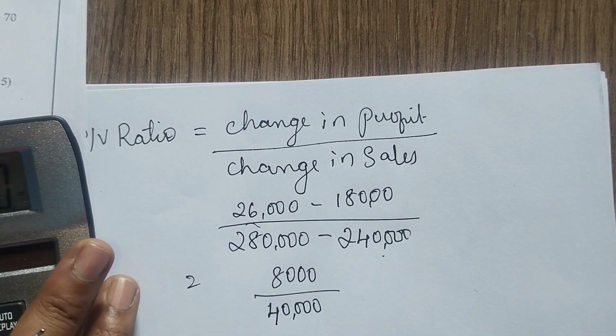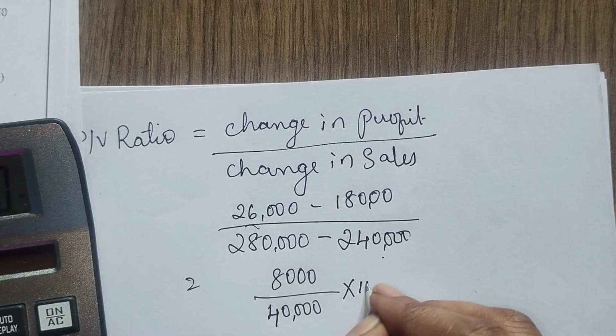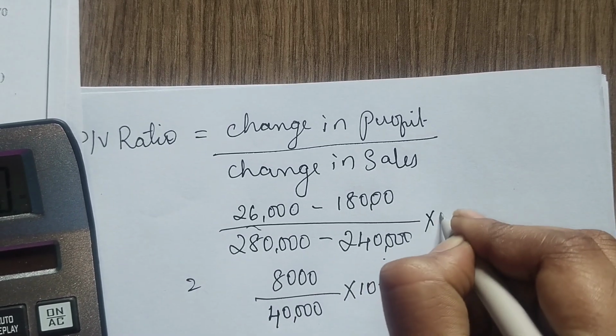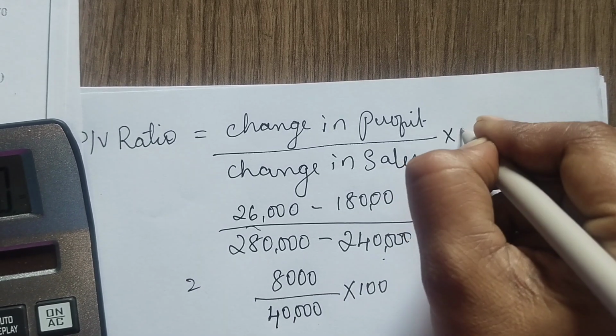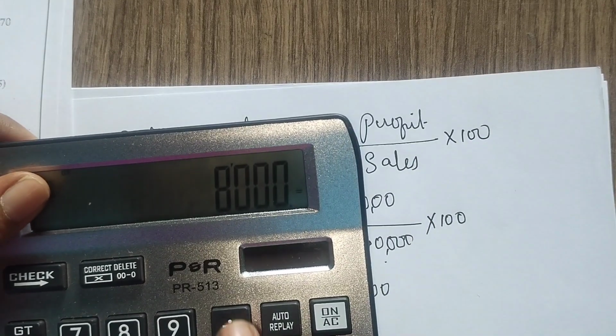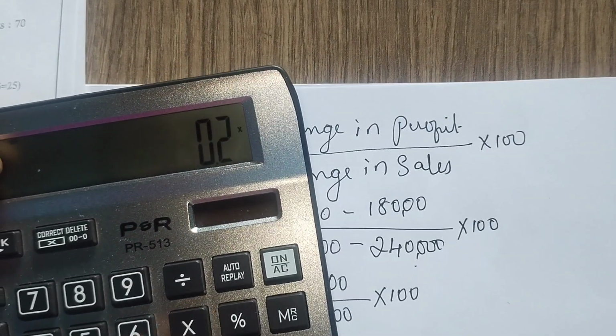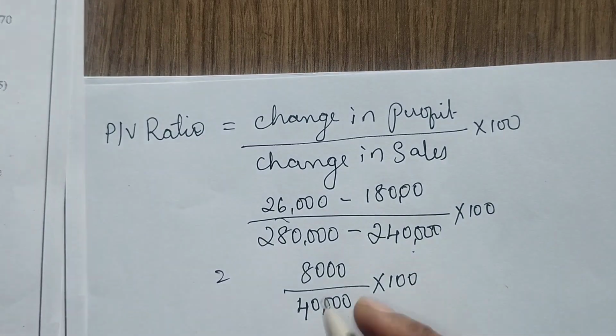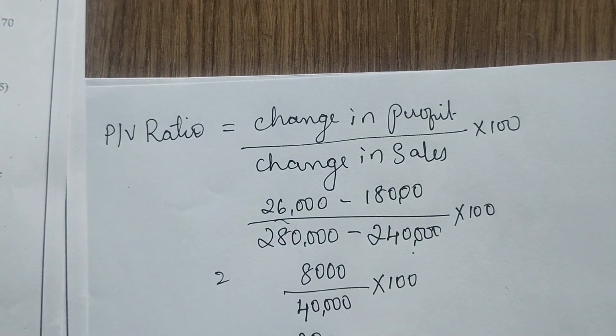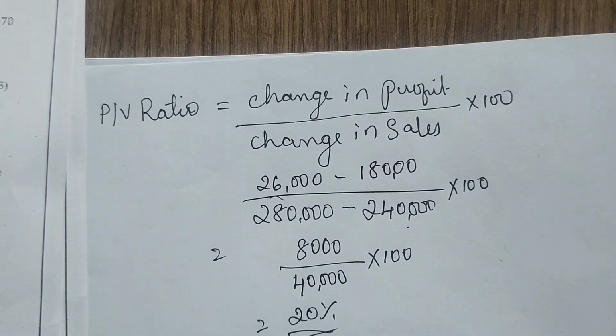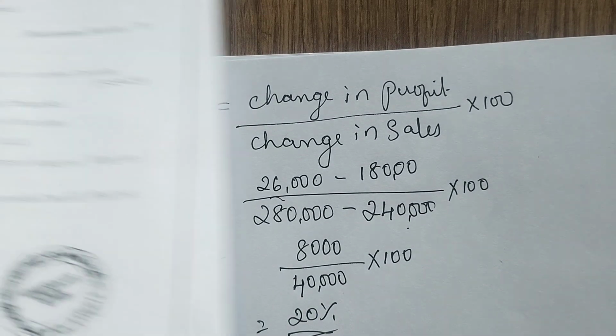Here we are finding the ratio, so you have to multiply into 100. 8,000 divided by 40,000 into 100 is 20. PV ratio is 20%.